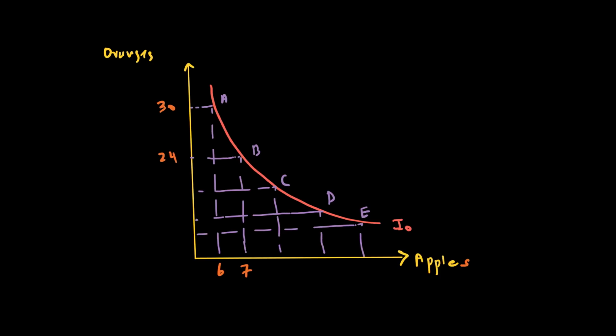Now what you see is this: if I choose 30 oranges and 6 apples versus 24 oranges and 7 apples, I am indifferent, which means that I have no clear preference between A and B. Similarly, if I go all the way to D, which is 10 of oranges and 13 of apples, and E, which is 8 of oranges and 15 of apples, I am indifferent.